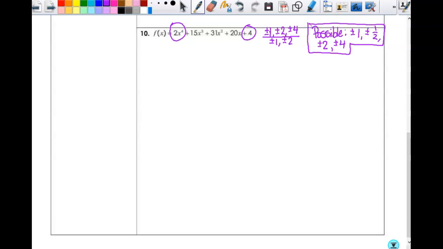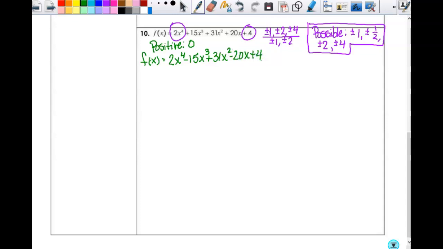So now I'm also going to look at Descartes' rule of signs. So for my positive, I'm looking at this. So it's positive, positive, positive, positive, positive. So positive real zeros is 0. Then negative, my f of negative x, is equal to, I only change the signs on the odd exponents, so 2x to the fourth minus 15x cubed plus 31x squared minus 20x plus 4.